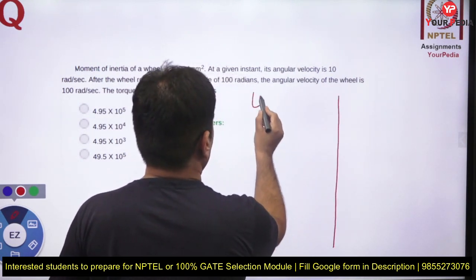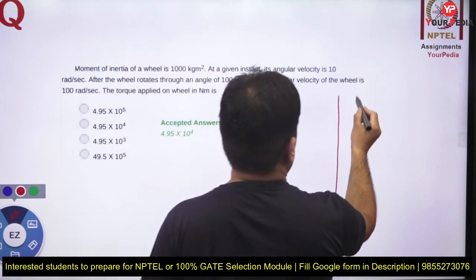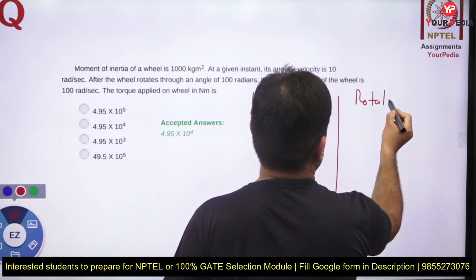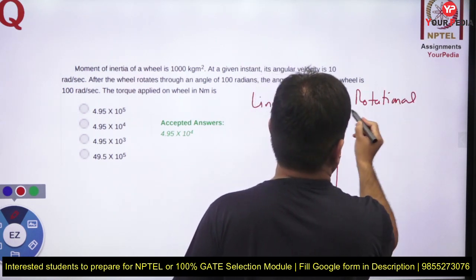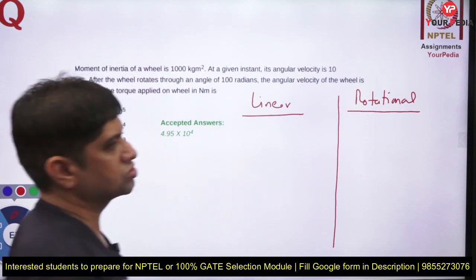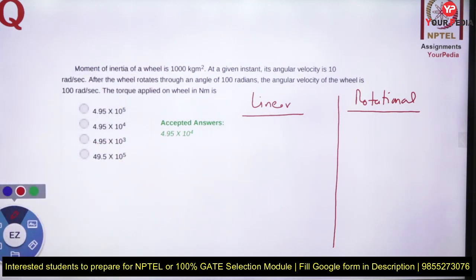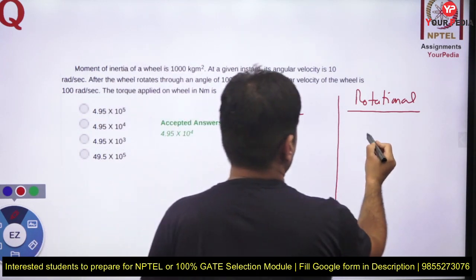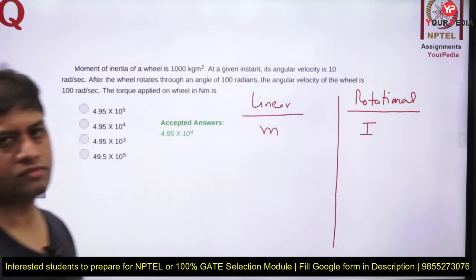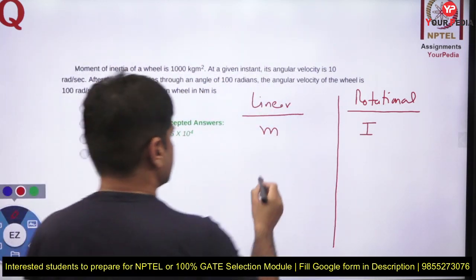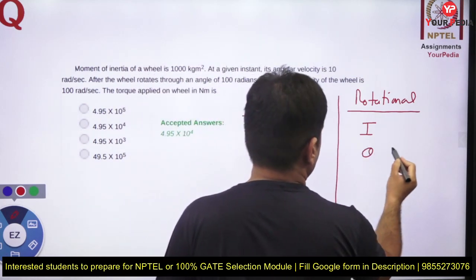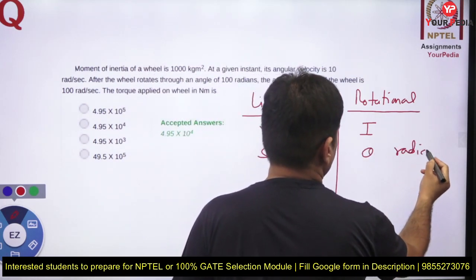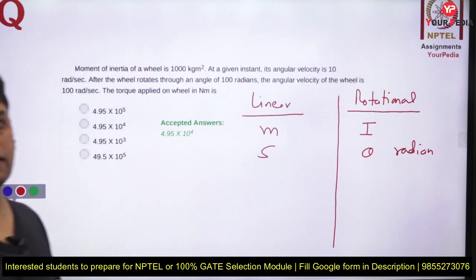So let me give you the analogy of linear motion and rotational motion. In linear motion there is a mass; rotational motion means there is a moment of inertia. In linear motion there is a displacement, and here it is angular displacement in radian.